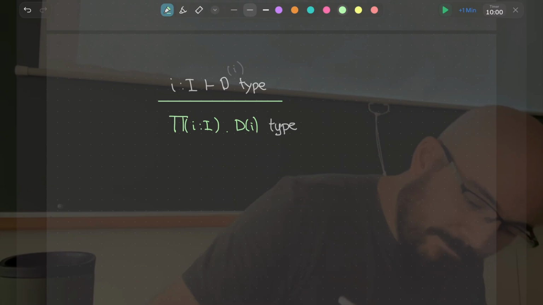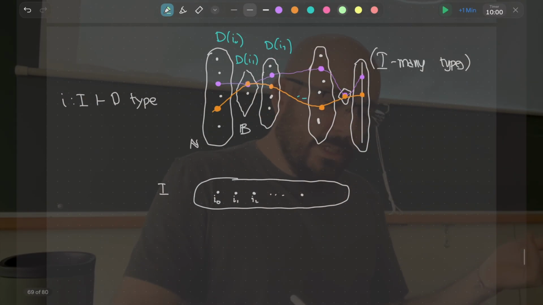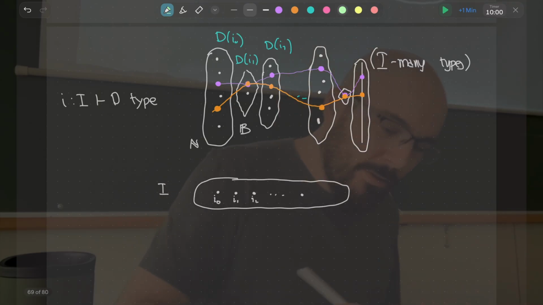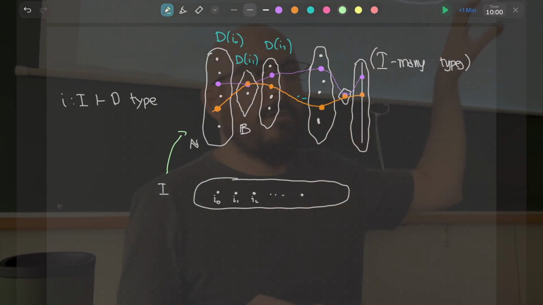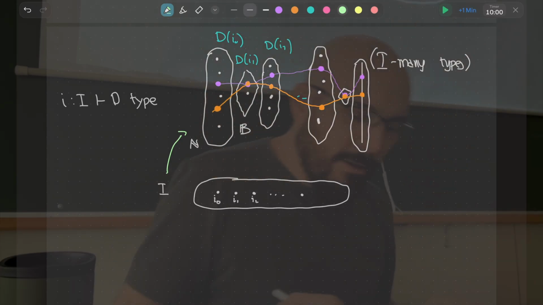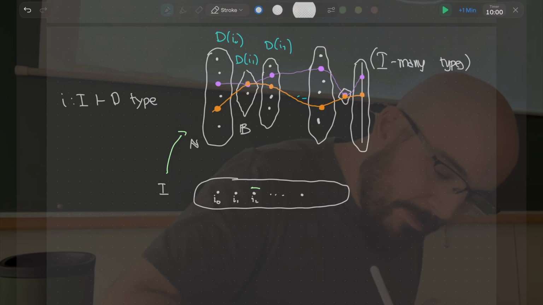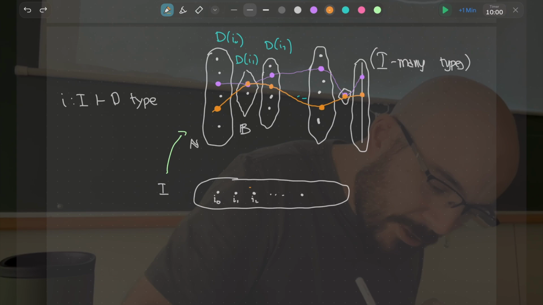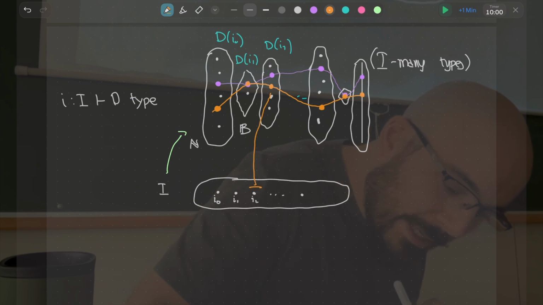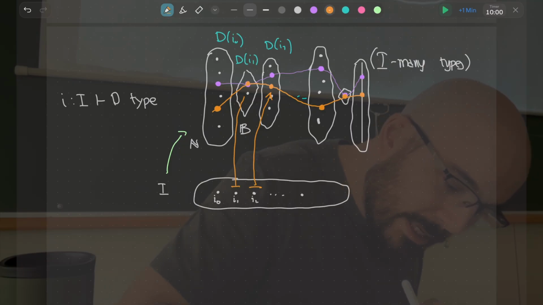Okay, so how can I visualize the elements of the product? They look like functions from I to all this mess here, which is not really a mess, it's kind of tidy, so that they associate, for example, the orange element will associate I2 with this guy, and will associate, I don't know, I1 with this guy, and so on and so forth.